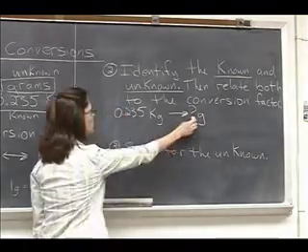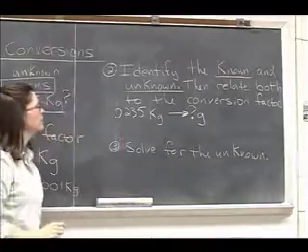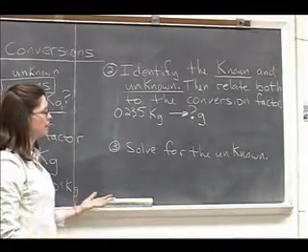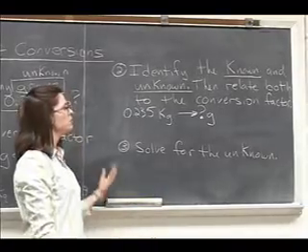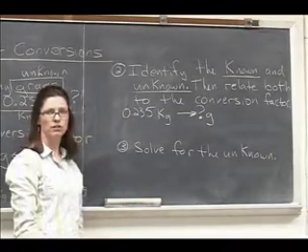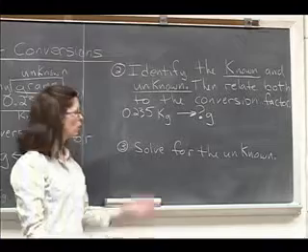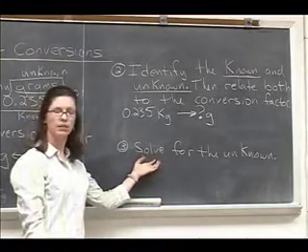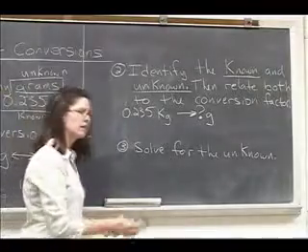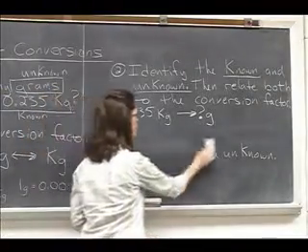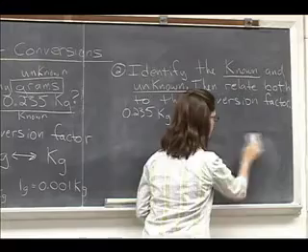Okay. So our unknown and our known. Once we've identified our known and unknown, we'll relate them to the conversion factor and then solve for the unknown. Now there are several different ways we can do this, and I'm going to show you each way.